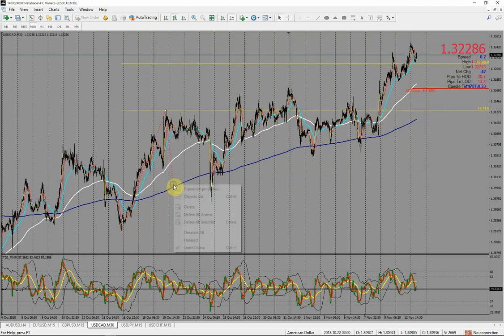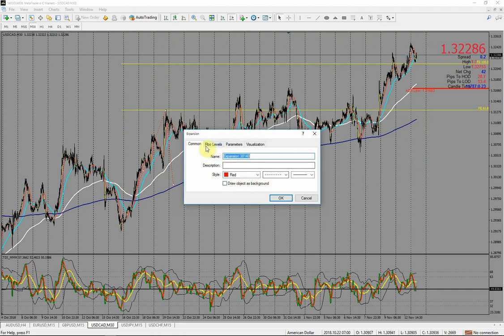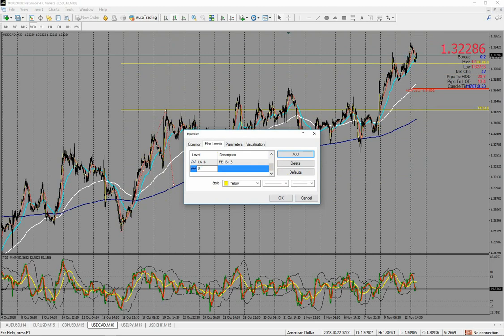Let's see what we have up there. We have only 161, so we're going to have to enter 1.41, then here it's 141, and then here it's 1.27, 127.0, and there we go. So I have my Fibonacci expansions there.